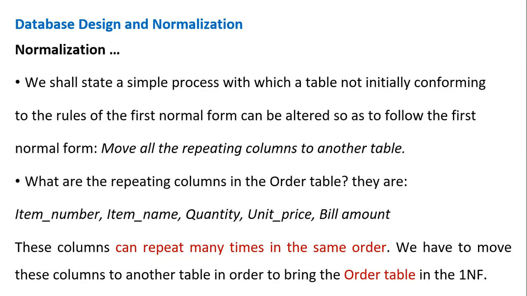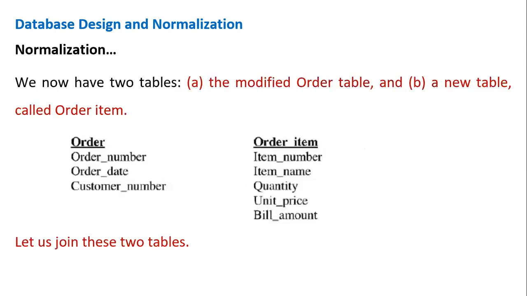Item number was repeating, item name, quantity, unit price, and bill amount. So you remove them and create a different table, just like this. You have the order number, order date, customer number. On the other side, in the order item table, we have item number, item name, quantity, unit price, bill amount.